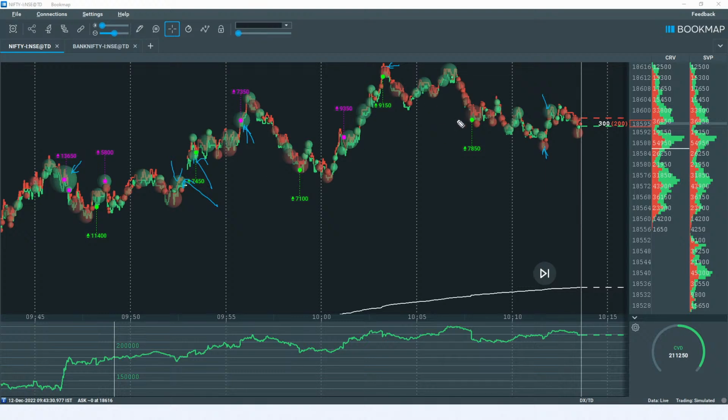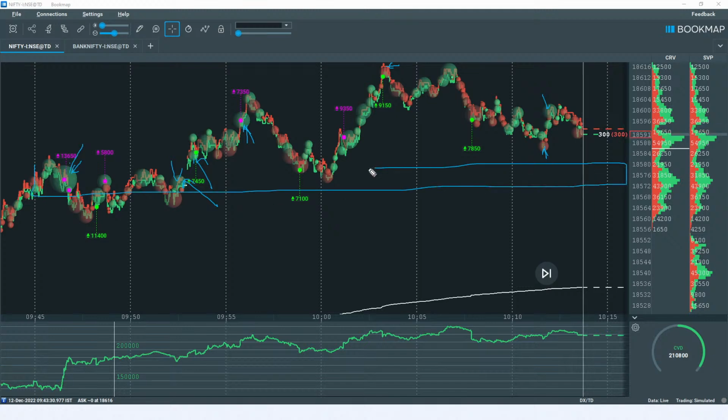If you just look at the aggressive base, you can clearly notice that this is where we are seeing the maximum. This is the bubble which is bigger compared to all other bubbles that we are seeing at the present moment. So definitely someone aggressively entered the market on the buy side from this particular level.